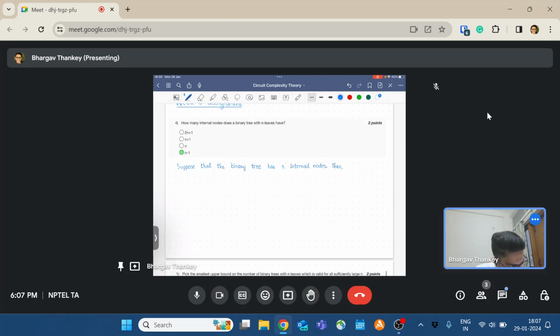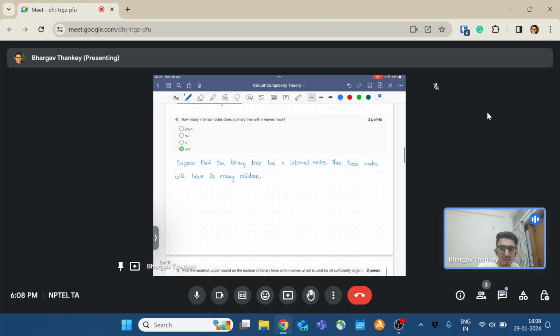Then these nodes will have twice as many children, because it's binary. So it might appear that we can just plug in twice as many leaf nodes at these places. However, every node except the root node must also be a child of some node.